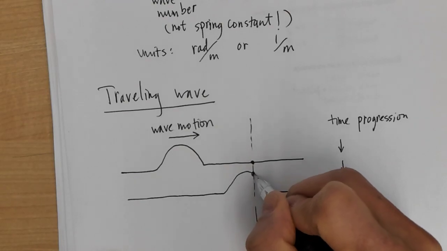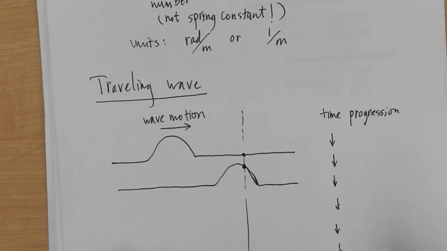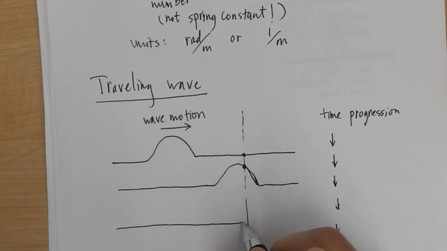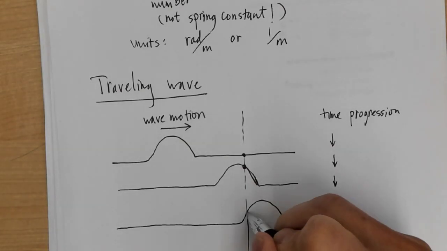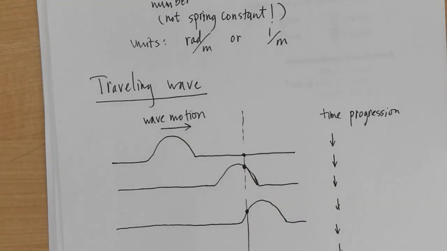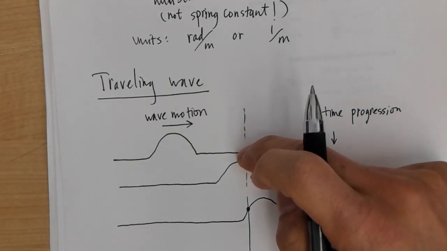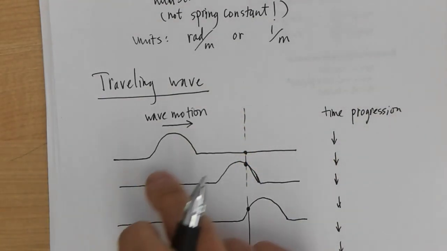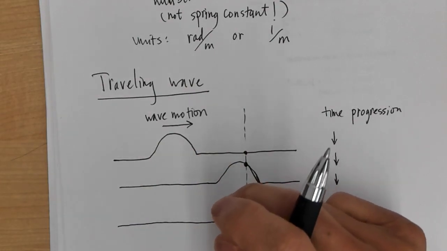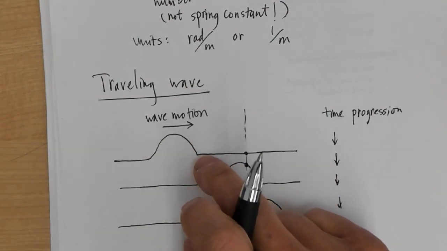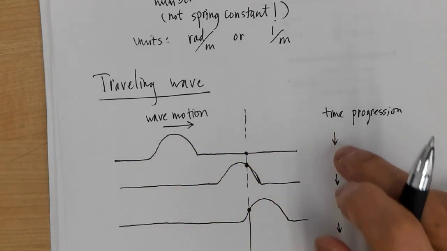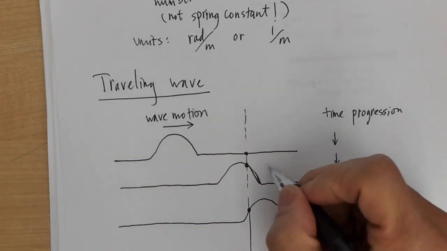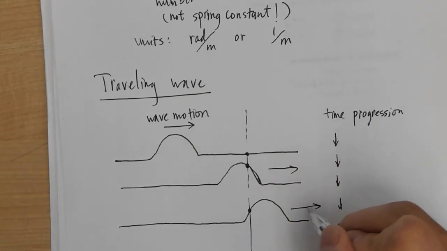And so now this point on the string will have moved upwards. Now if I wait a little bit longer, the wave pulse is a little further along. Now it starts to move down. So the point on the string just moves up and down, but the coordinated movement of all these points on the string produces the fact that it looks like this pulse is moving to the right. It continues to move to the right.